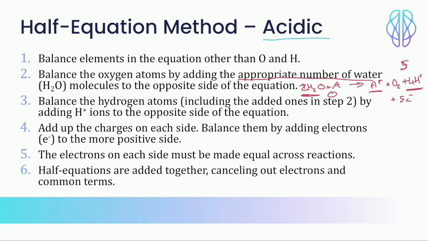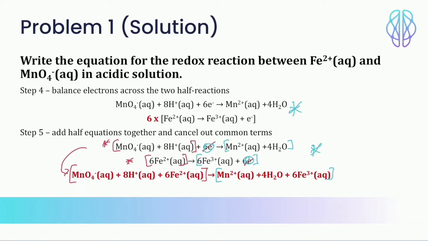And the next step is that the electrons on each side must be made equal across reactions. So now I'm going to go back a page so we can see that. This is this step here. You can see our MnO4 half reaction in your book comes already balanced perfectly, with the water, the hydrogen, and the electrons added.